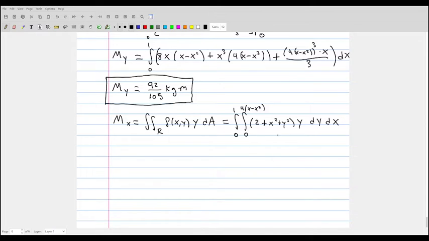You multiply through by y, do the integral with respect to y, expand it, and when all is said and done, you end up getting that Mx is equal to 32 over 45.